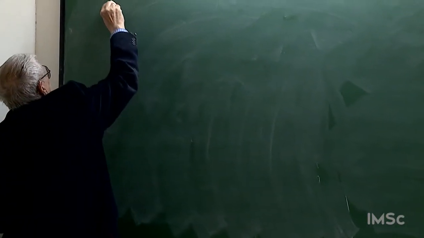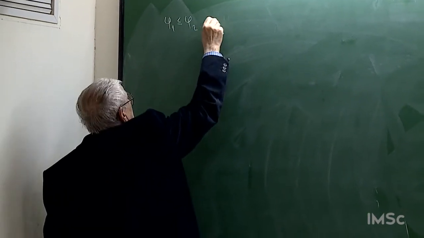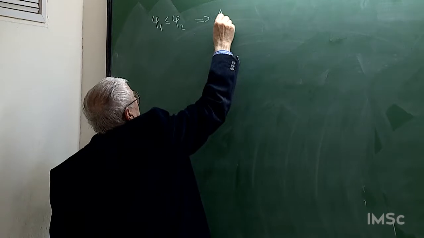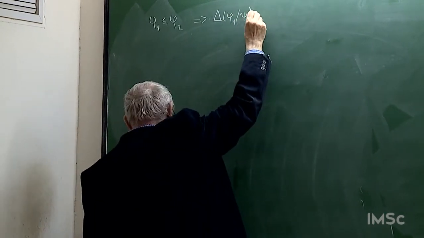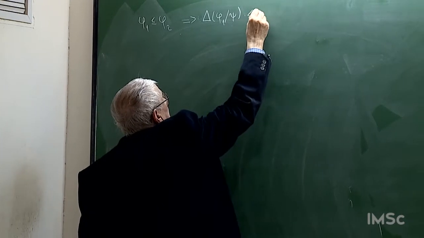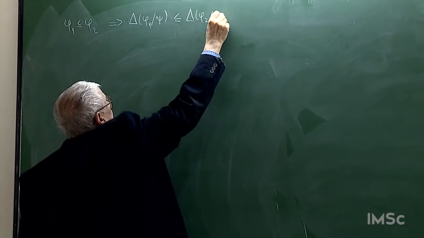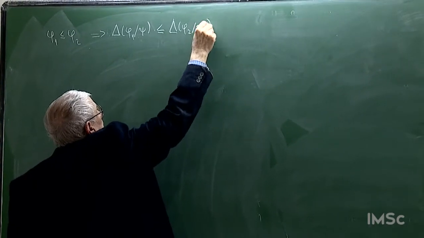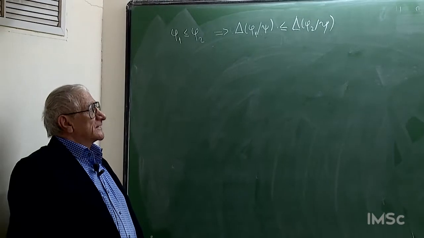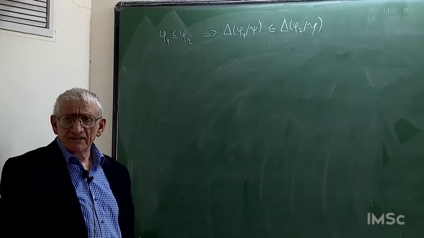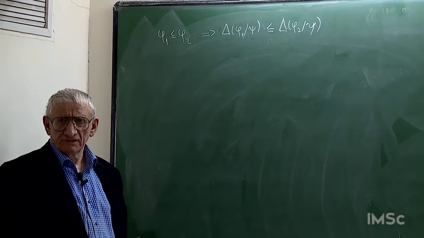If phi1 is less than phi2, then delta phi1 psi is less than delta phi2 psi. Notice that these are unbounded operators, so the inequality has the special meaning I described before in some other lecture.